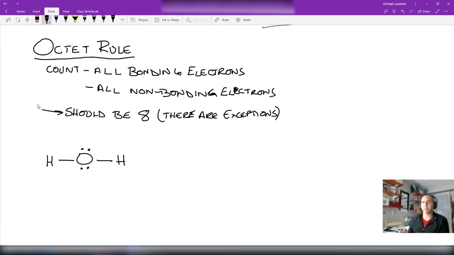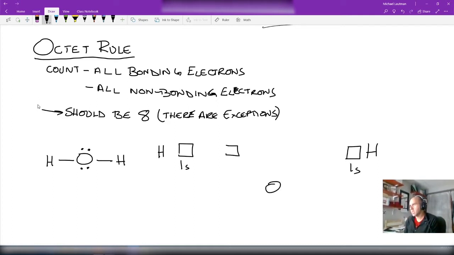One of the things I haven't really said is that bonds occur by what's called the linear combination of atomic orbitals, which basically means you have atomic orbitals, s orbitals, p orbitals, and they overlap with each other to form bonds. You can imagine that each hydrogen atom has a 1s orbital, and the oxygen in the middle, looking just at the valence, has its 2s and its 2p.